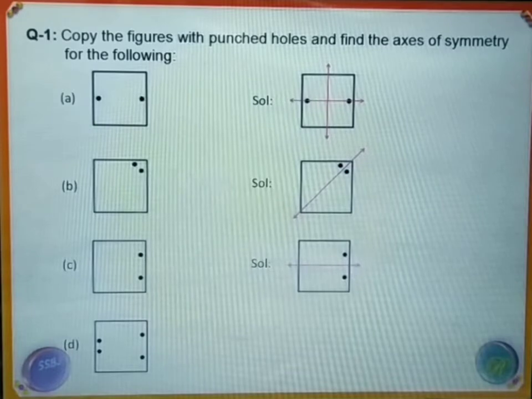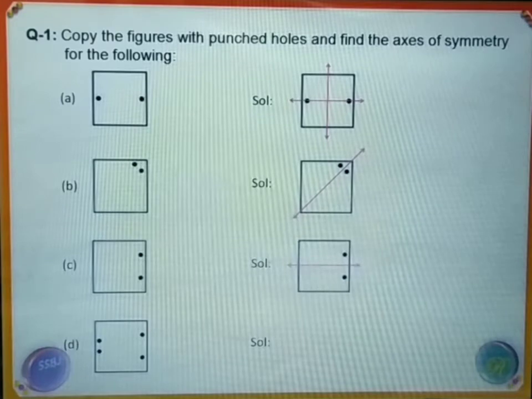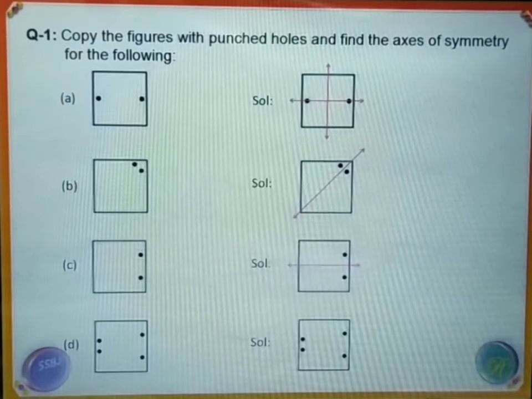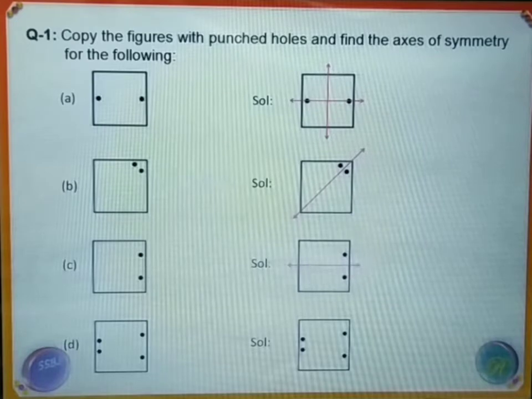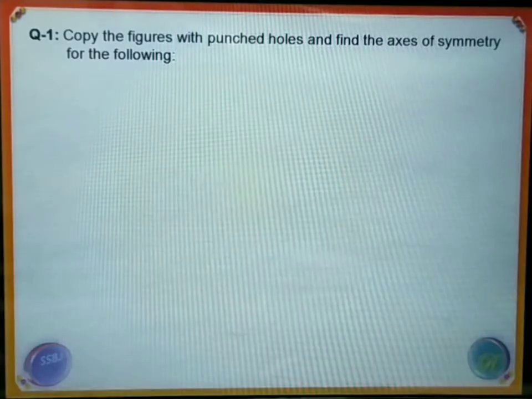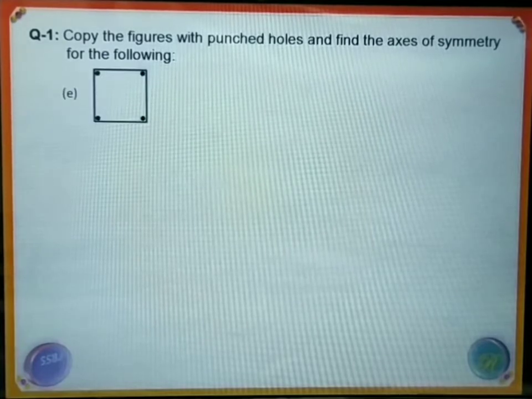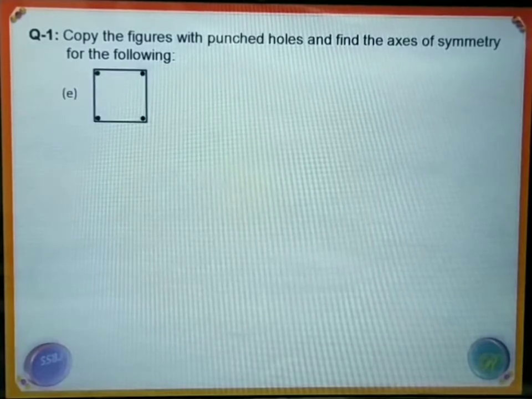D. Solution. Take the copy of this figure. Yes, how many axes or lines of symmetry are we going to get? Only one. Next one. E. Solution.